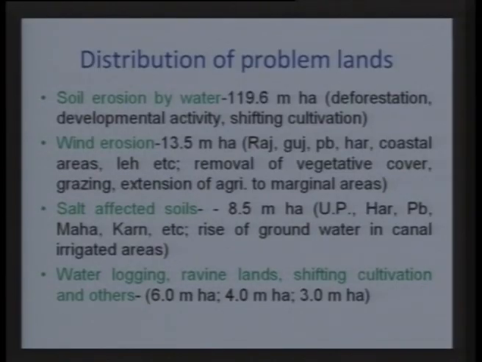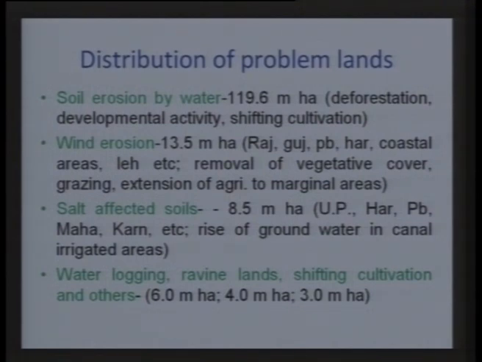The land resources of the country are facing a lot of problems, and these problems could be classified into various categories. The problem of soil erosion by water. So a certain portion of the land resource of the country is eroded. The topsoil of the land is eroded because of the water, and the area which is subjected to such a problem is 119 million hectares, which is quite a huge land resource.